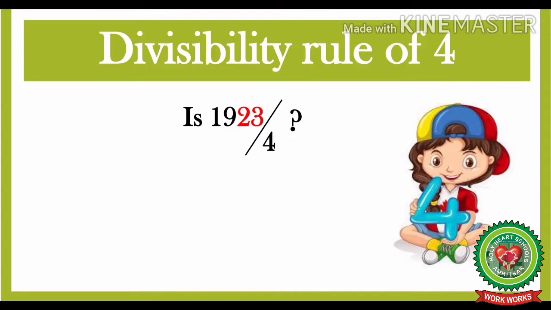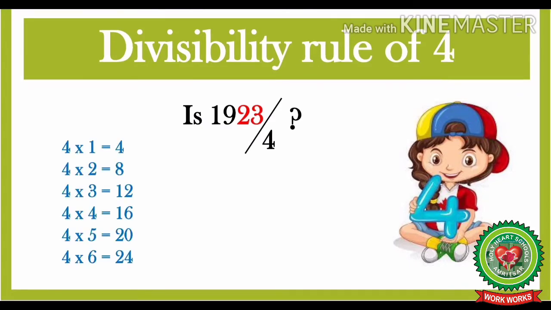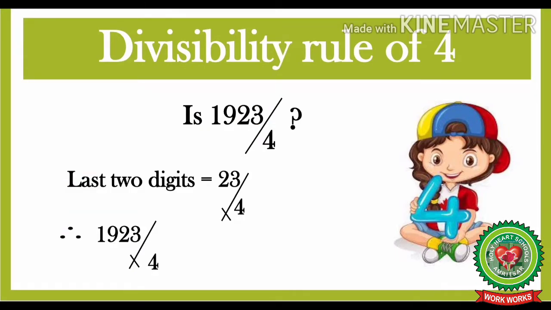So, we have to see, does 23 come in the table of 4? 4 ones are 4, 4 twos are 8, 4 threes are 12, 4 fours are 16, 4 fives are 20, 4 sixes are 24. No, 23 does not come in the table of 4. That means 23 is not divisible by 4.